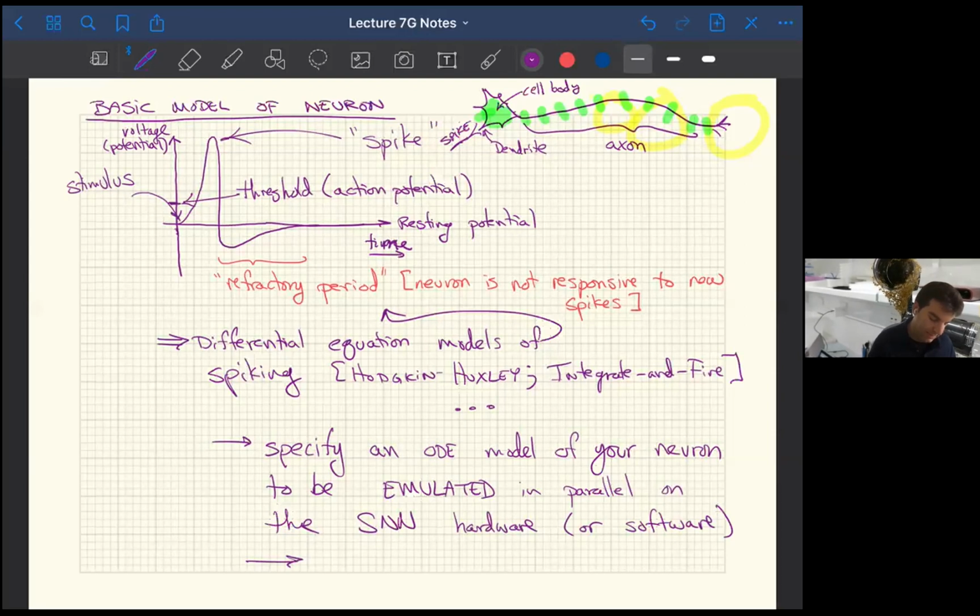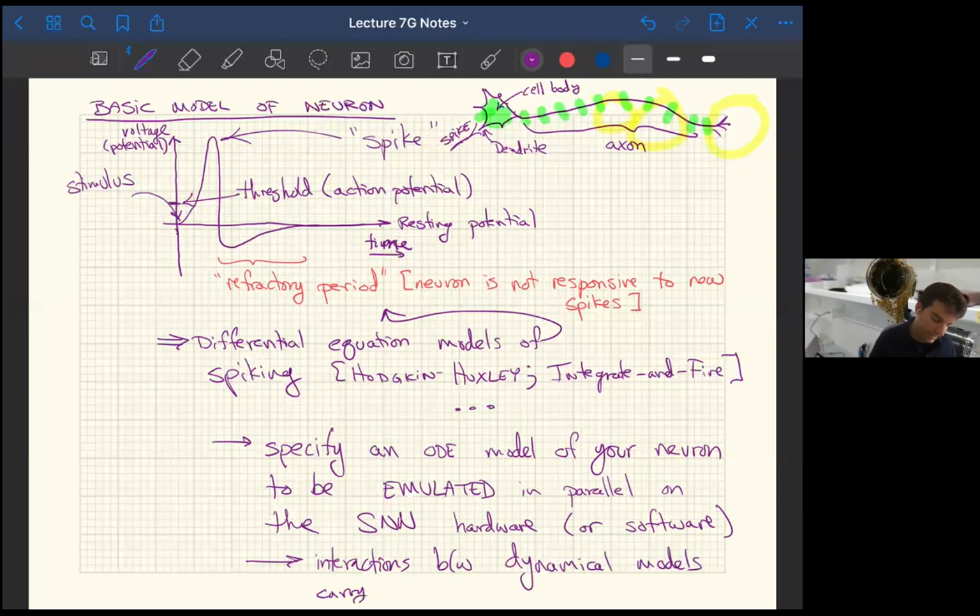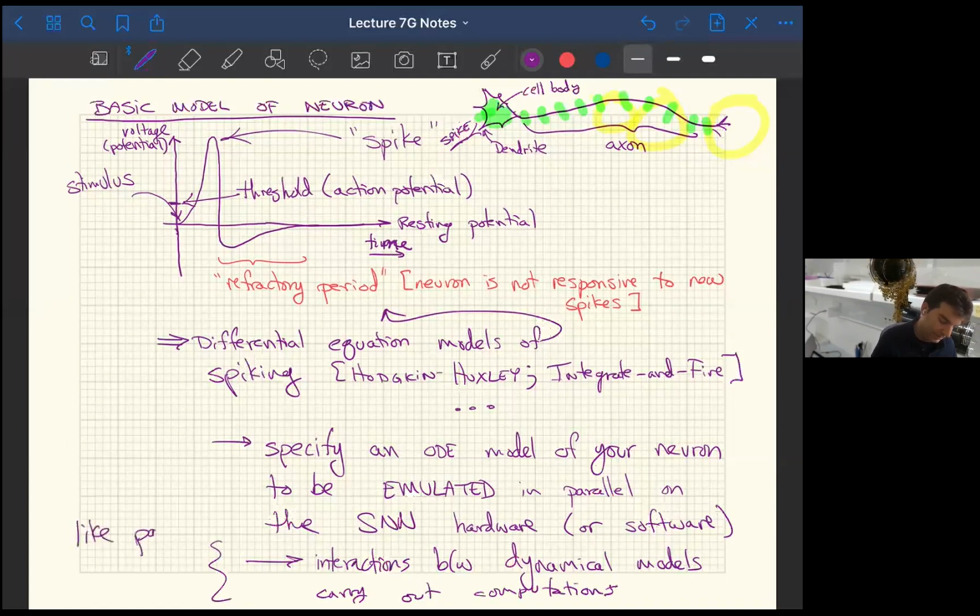And then the interactions between the dynamical models carry out computations. Like, you could say, pattern recognition.